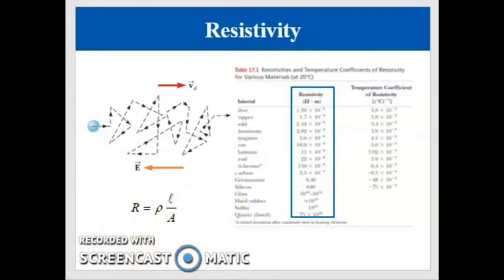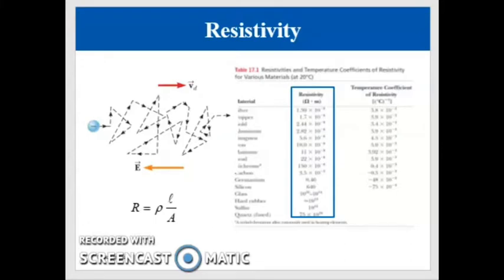Every material has a characteristic resistivity that depends on its electronic structure and on temperature, as we can see from the values in table 17.1. This table can also be found in our textbook. Good electric conductors have very low resistivities, and good insulators have very high resistivities.